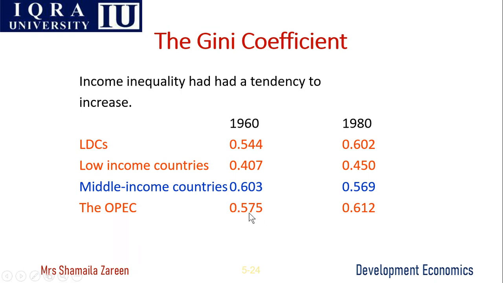You can see the large income inequality here; income is unequal in these nations. If the Gini coefficient value is higher, it means the income distribution is more unequal. If the Gini coefficient is low, it means there is lower inequality in income distribution.